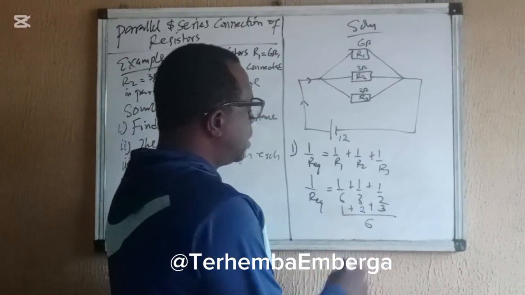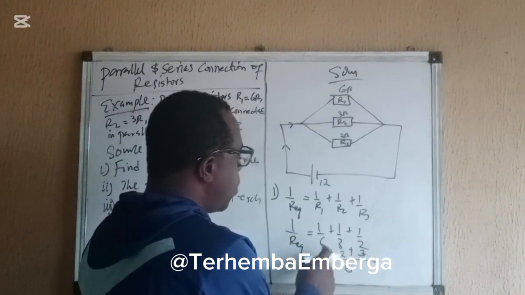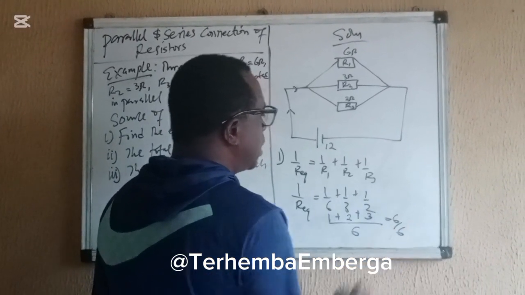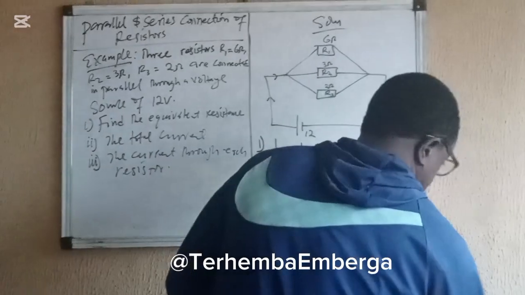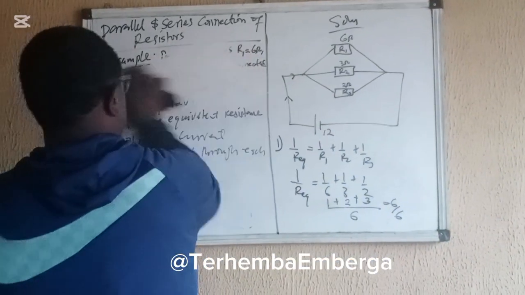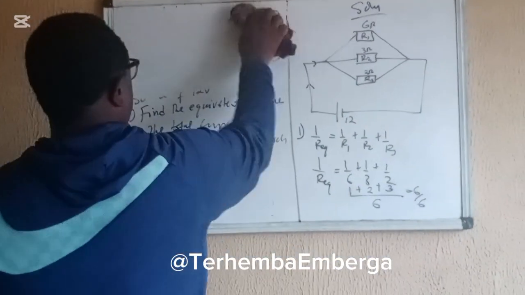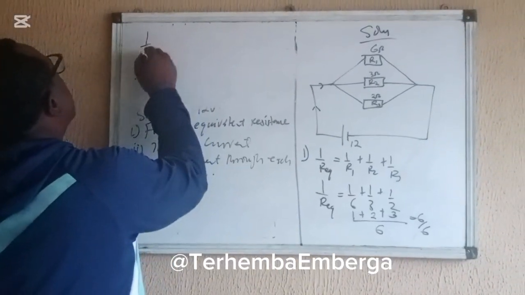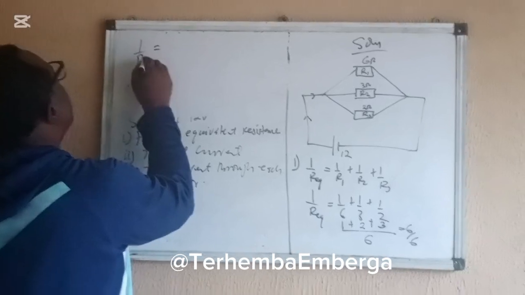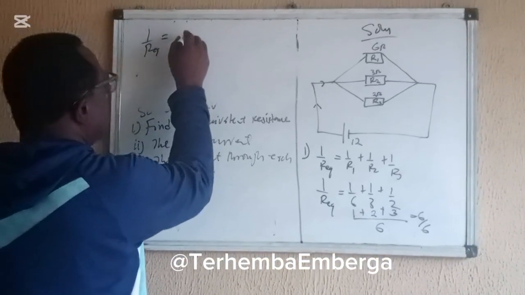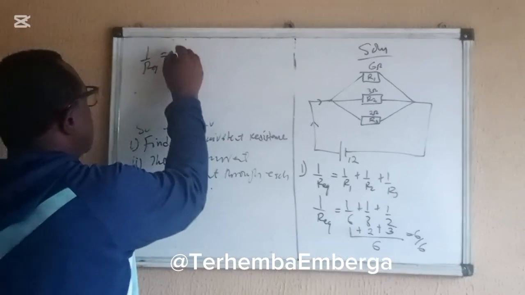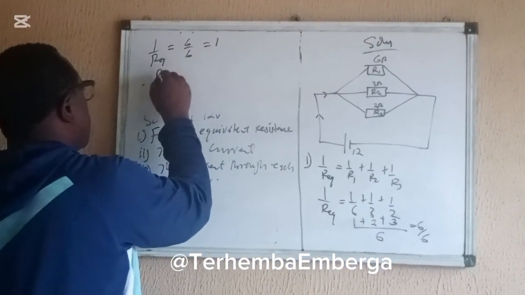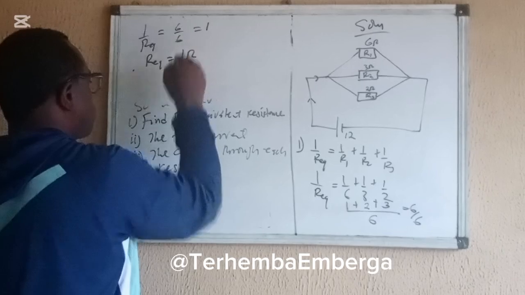So if you add up this, 1 plus 3 is 3 plus 3 is 6. So we have 6 all over 6. So we can now say that 1 all over R equivalent is equal to 6 over 6, which is equal to 1. And we can say that R equivalent is equal to 1 ohm.